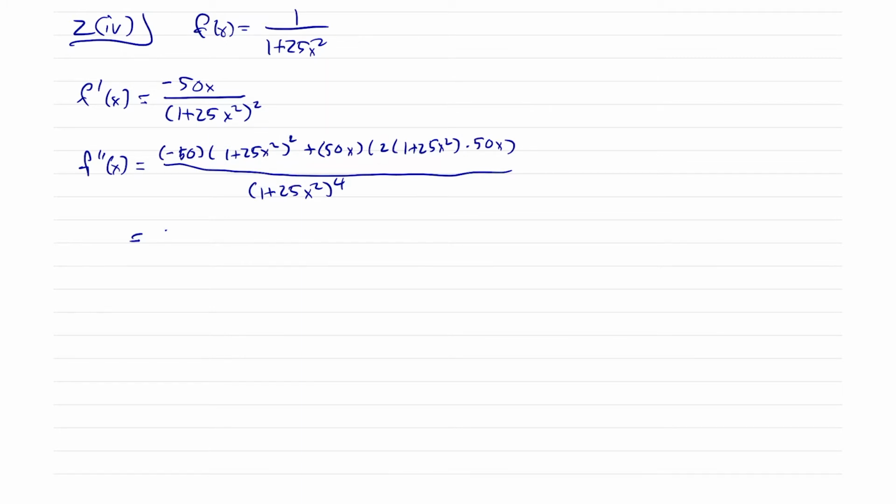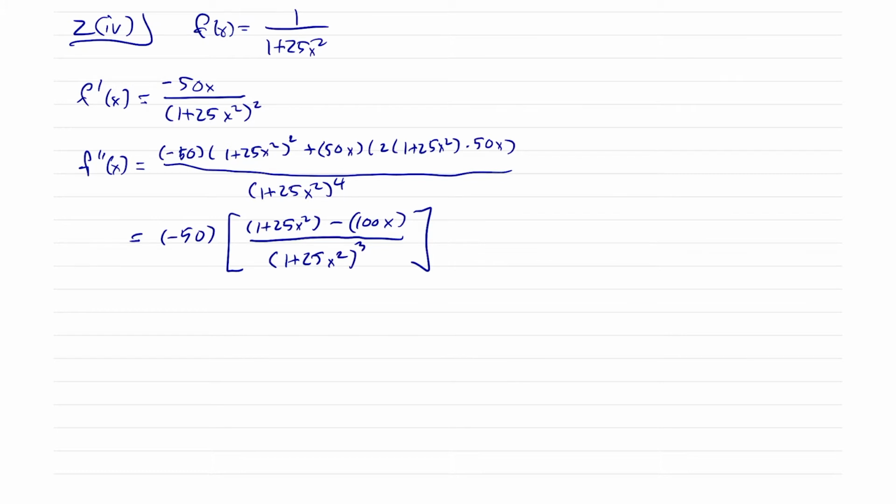So this becomes, take out minus 50, and then on the top you end up getting 1 plus 25x squared plus 50x, and keep them, yeah, I'm sorry, now it's minus 50x, times 2, which makes it 100x. And now this guy cancels with one of those guys downstairs, right? So on the bottom we get 1 plus 25x squared cubed.